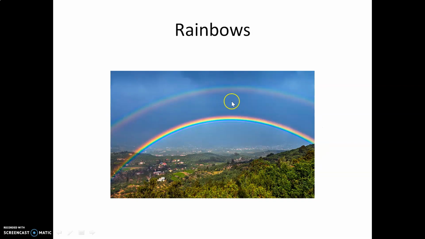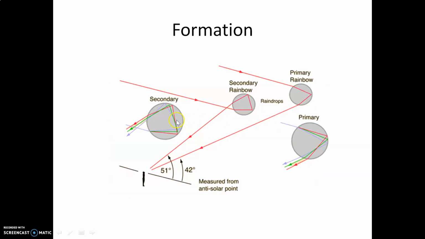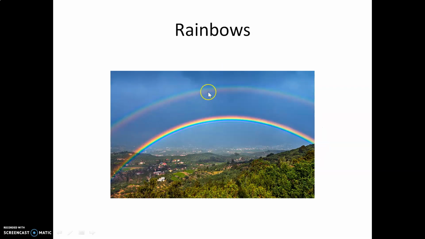You can see that pretty nicely here in the photograph. In addition, the light is inside this water droplet longer than for the primary because there are two total internal reflections. Therefore more of the light is absorbed within the water droplet itself, and the secondary rainbow appears dimmer.